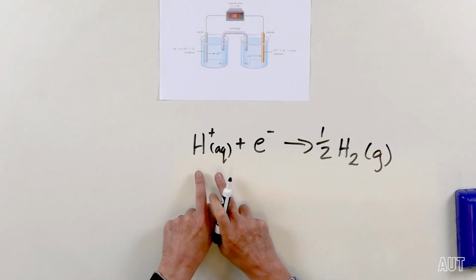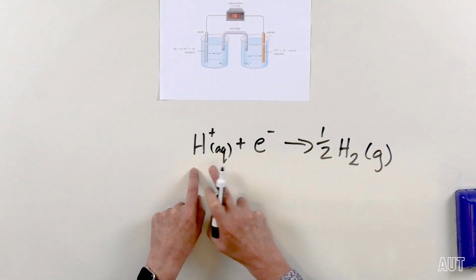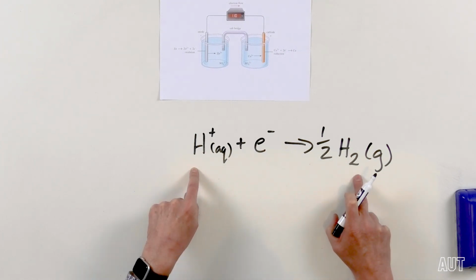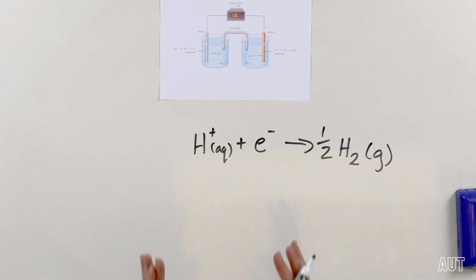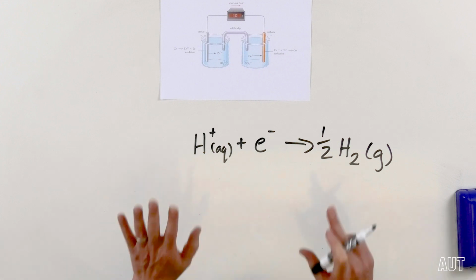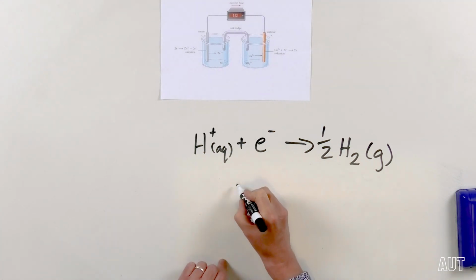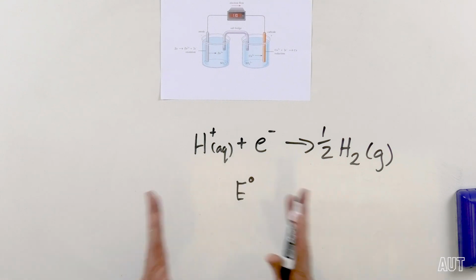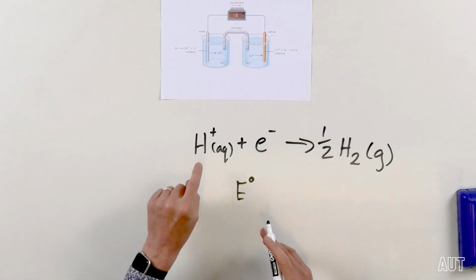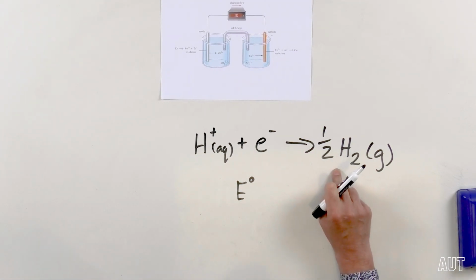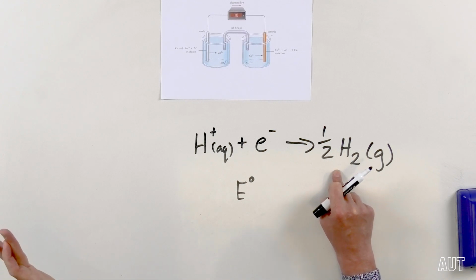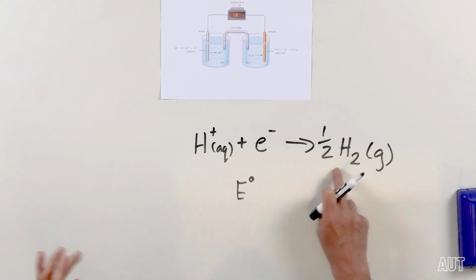And here we have the reduction now of protons, H+ plus one electron, giving a half H2 gas. This is a reduction, and we are arbitrarily going to say that E standard for that reduction, when it's carried out under standard conditions, when you've got 1 mole per litre of protons and you've got your H2 at 1.013 times 10 to the 5 pascals, in other words, yep.